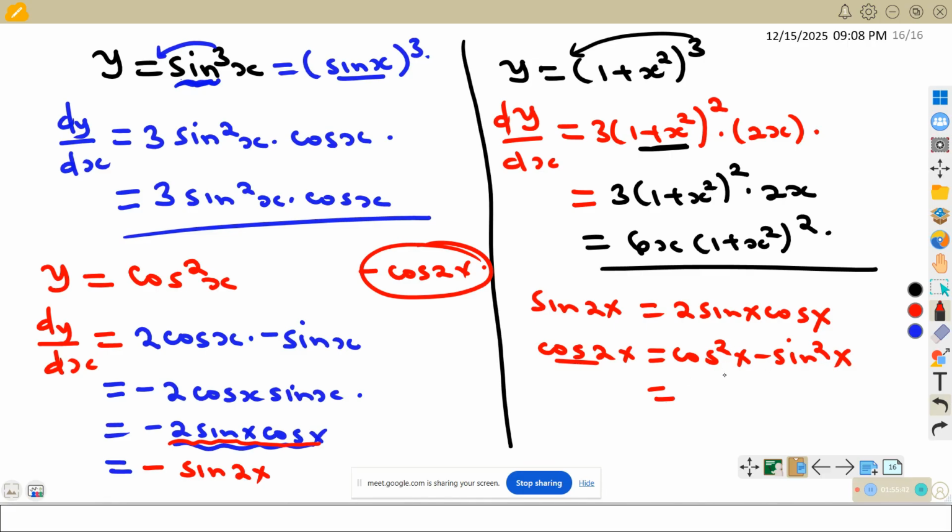In terms of sine alone, what is it? 1 minus 2 sine squared of x. What about the one in terms of cos? You should be able to recall that. Okay. So basically, that is what we are having.